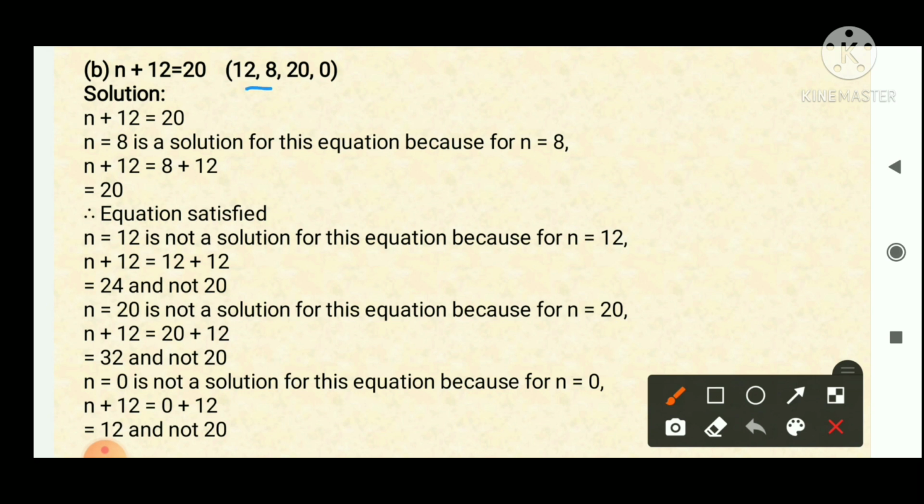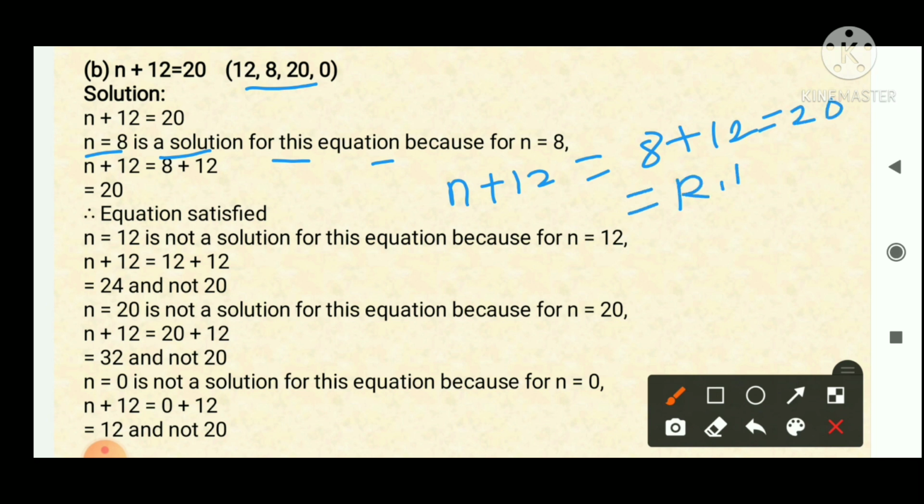Among these four values, n is equal to 8 is a solution for this equation, because the left hand side of this equation is n plus 12. So we put the value of variable n is equal to 8, 8 plus 12 is 20, which is the right hand side of this equation. So here the equation is satisfied. So n is equal to 8 is a solution for this equation.